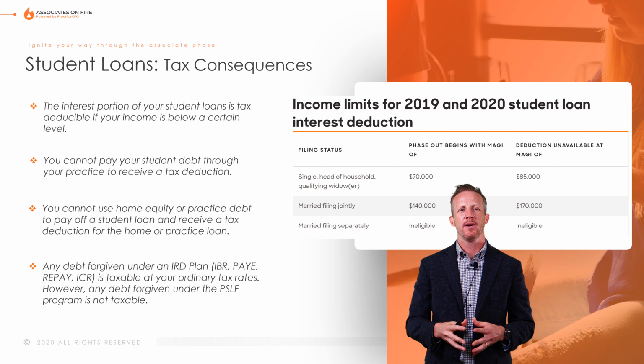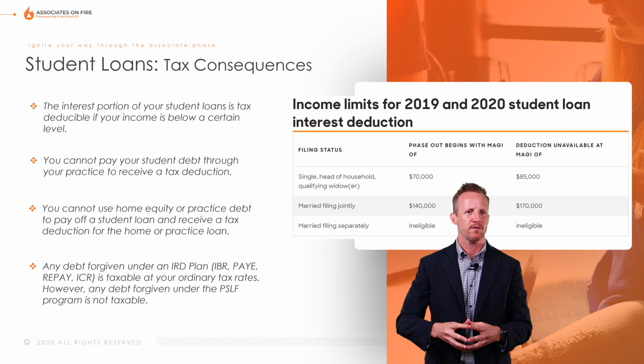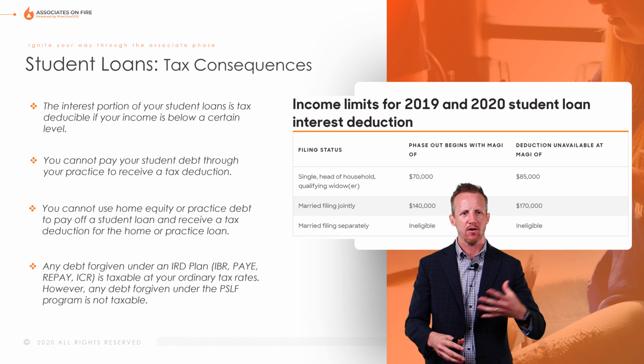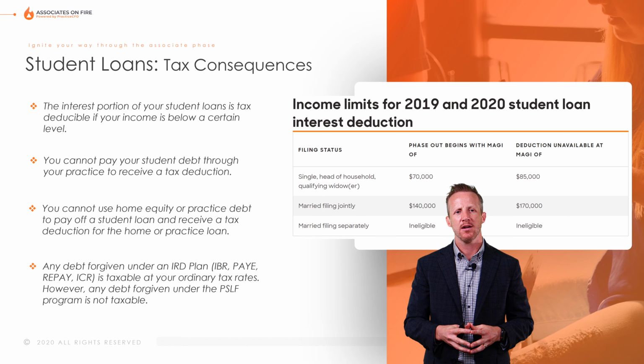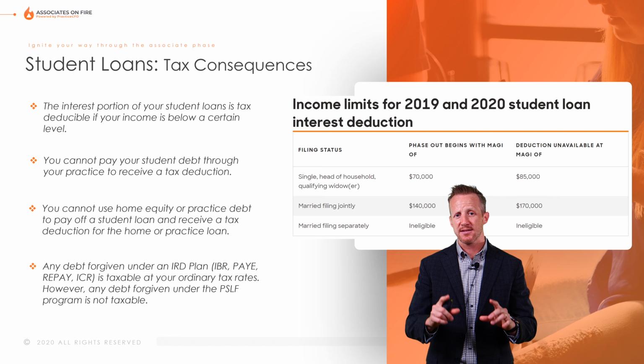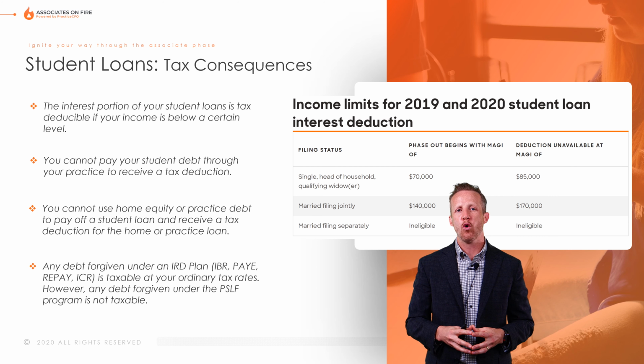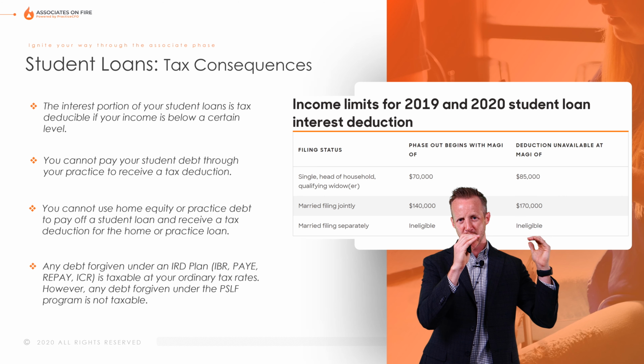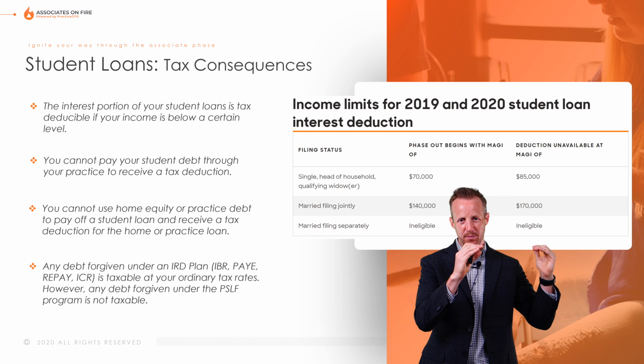And the last comment on the tax implications here of student loans is that any debt that's forgiven under your IDR plan, whether that's IBR, PAYE, REPAYE, or hopefully not, ICR, is taxable as of today under the ordinary tax rates. Now you may know this, but there's long-term capital gain rates, which are taxed at a lower rate, typically 15 or 20%.